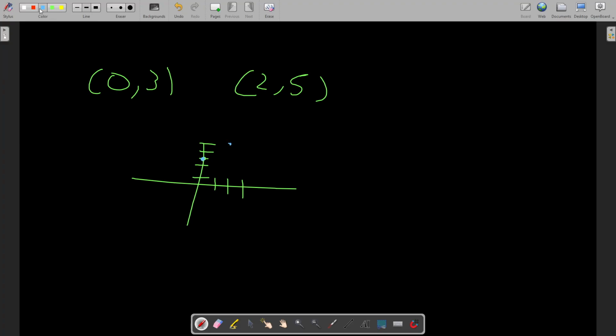If we have a vector that's going from this point to this point, this would be called the initial point, because that's where the vector's starting, and this would be called the terminal point, because this is where the vector's ending. So how would that look? Well, it'd look like this, except imagine that the tip is at the blue point. I know it's a little off. So that's how we draw a vector from two points.